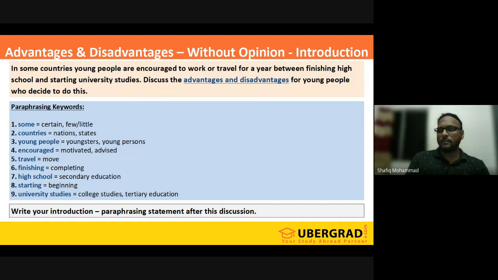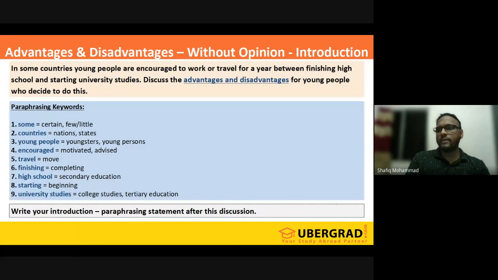Okay, yeah, here. Okay, then Rishvika Shruti. In few states, youngsters are motivated to do job or travel for some time before finishing their secondary education and begin with their college.